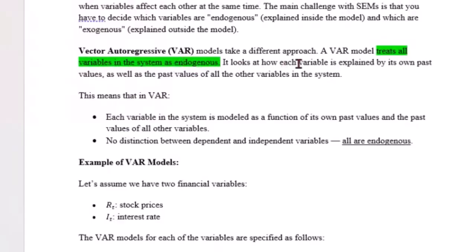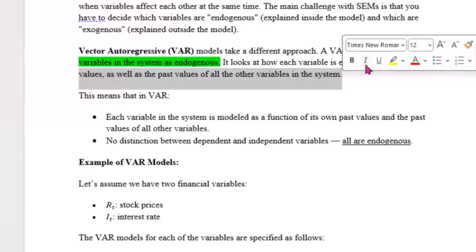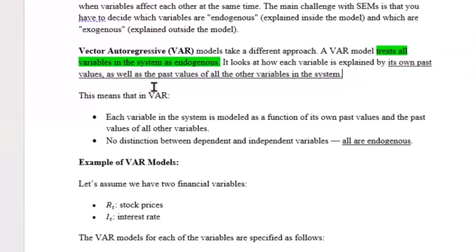So it looks at how each variable is explained by its own past values as well as the past values of all other variables in the system. So this is the key.